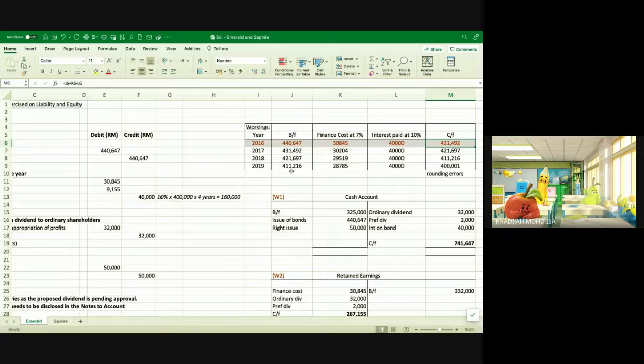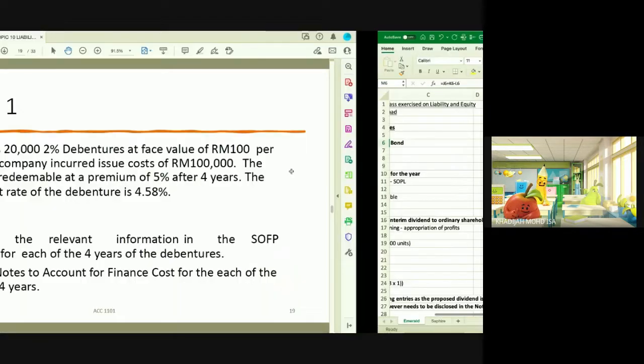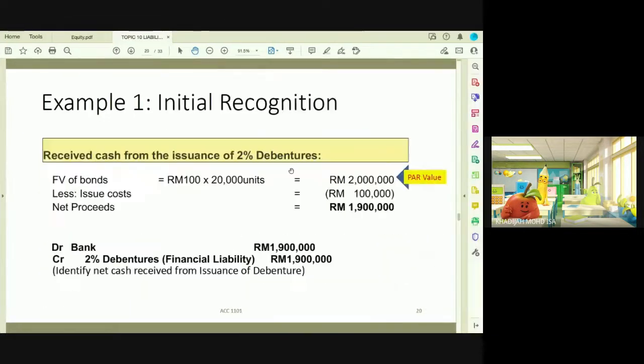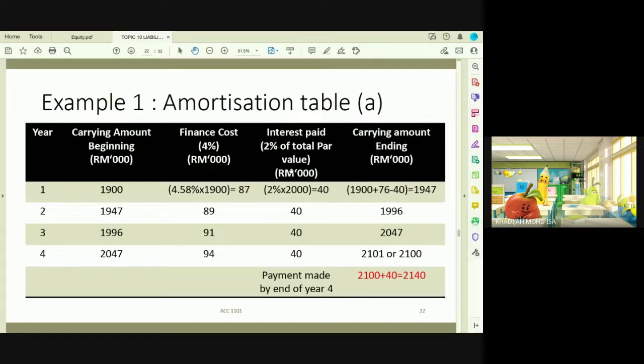Does that make sense? So here, carrying amount at the beginning is 1,900, which in our case is 440 something. The finance cost is the 4%, so you times by 4%. The interest paid in ours is 10% of total par value, and the carrying amount is 1907640. So if you have these, then these become the opening balance for the following year.